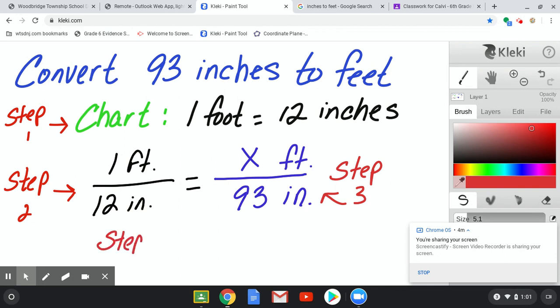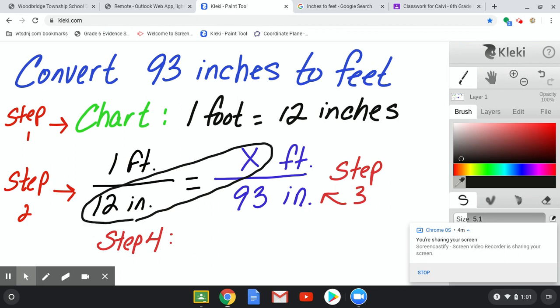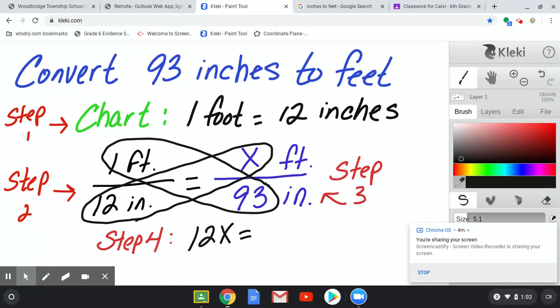Now the last and final step is step 4, and that's going to be solving our proportion. Okay, now in order to solve this proportion, we are going to cross multiply. I'm always going to start where my variable is. So I'm going to cross multiply going this way first. So 12 times x gives me 12x. Then I'm going to do 1 times 93, or 93 times 1 is going to give me 93.